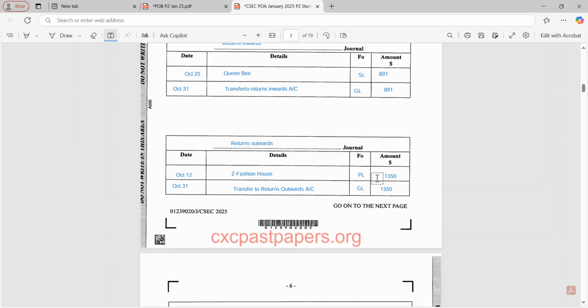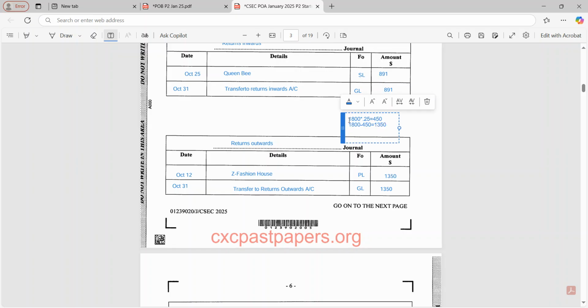When you did 1,800 multiplied by 75%, you should get 1,350. If you did it the long way, where you did 1,800 multiplied by 25%, you would have gotten 450. And when you said 1,800 minus 450, you would have gotten 1,350.